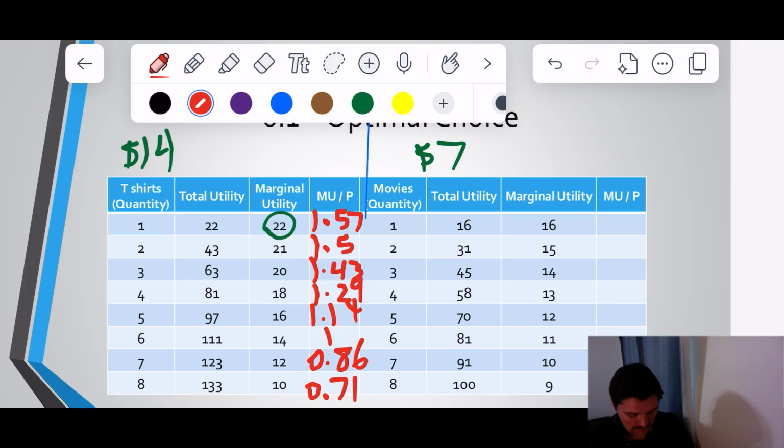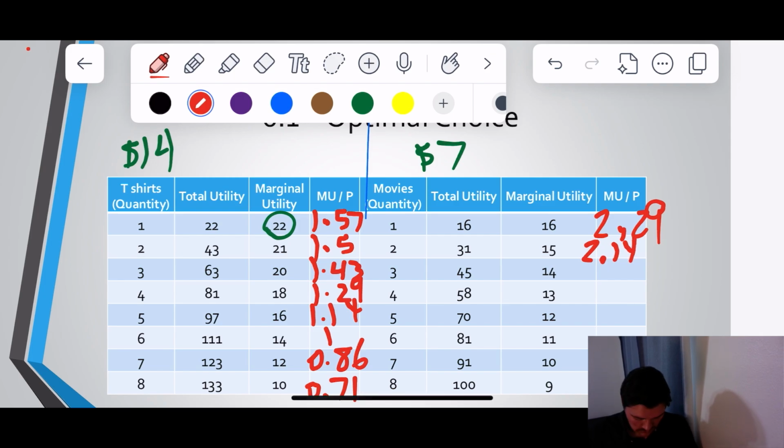Let's do the movies. So again, we're taking the marginal utility and dividing it by the price. So we'll do 16 divided by 7. That's 2.29. 15 divided by 7 is 2.14. That's 2. That's 1.86.